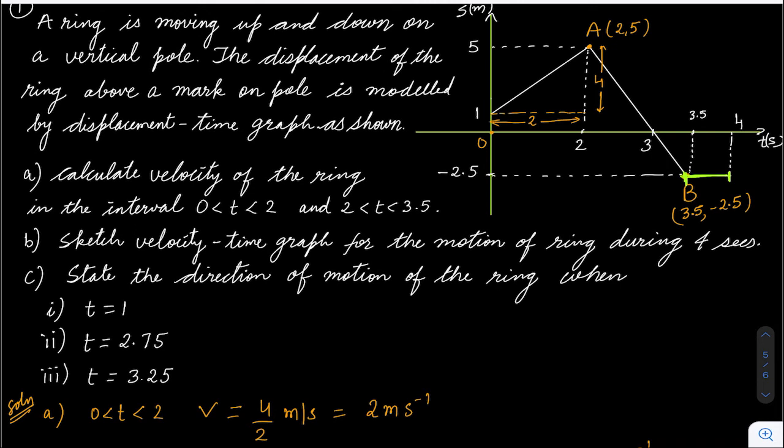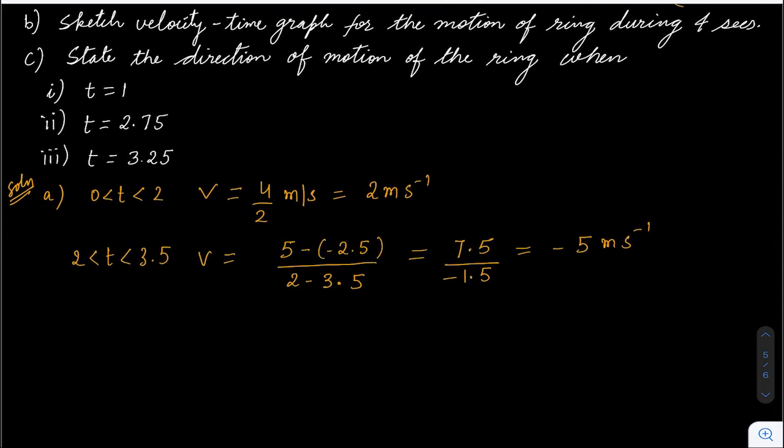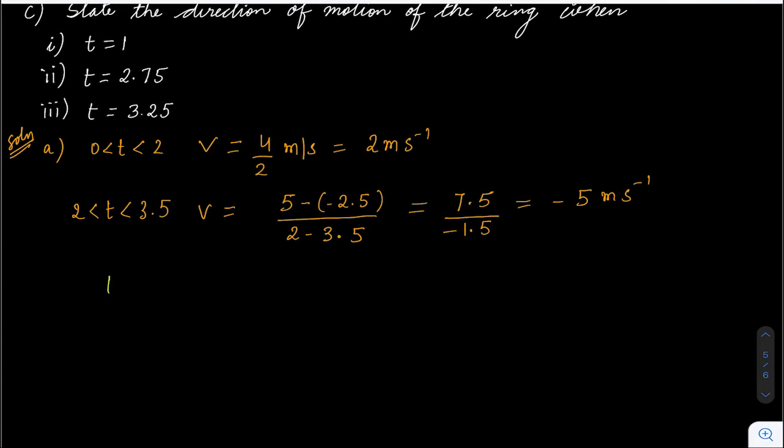Gradient 0 means velocity is 0. So from 3.5 to 4, my velocity is 0 because my gradient is 0. So let's draw this graph. It's a very easy graph, I guess.